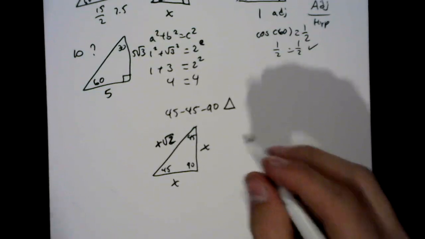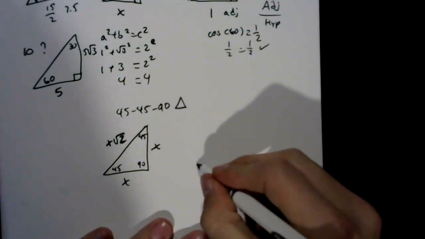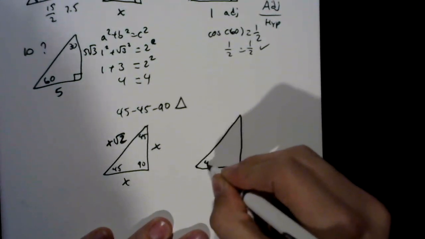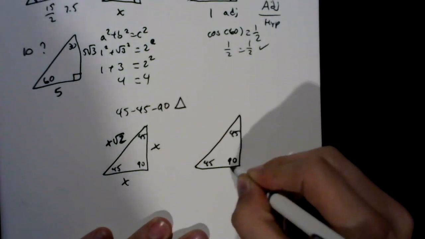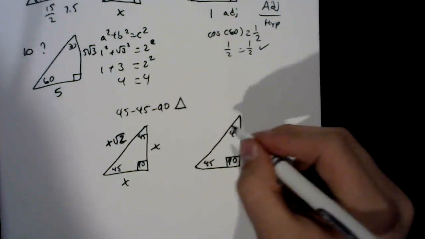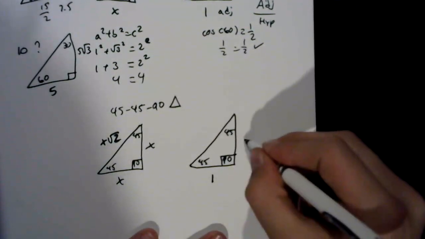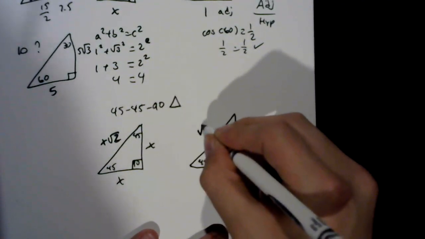So how does that work? Well, we'll similarly use trig to show why. There's your right angle. We'll just say x is 1, so this would be 1 square root 2, or just square root 2.